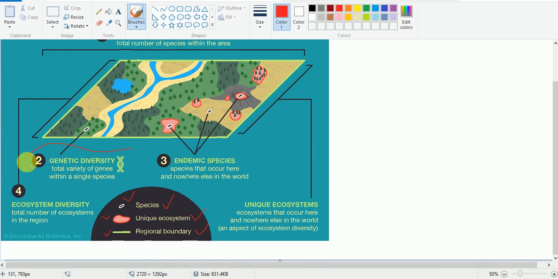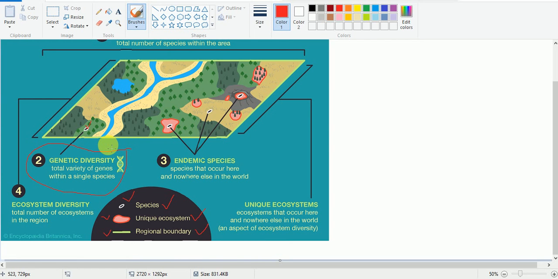And we're learning about genetic diversity. Genetic diversity means the total variety of genes within a single species. So here we have a species, and within this species we find variations in genes, and that is known as genetic diversity, as I have given you an example of human beings.